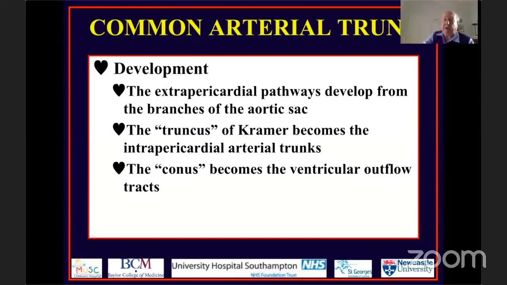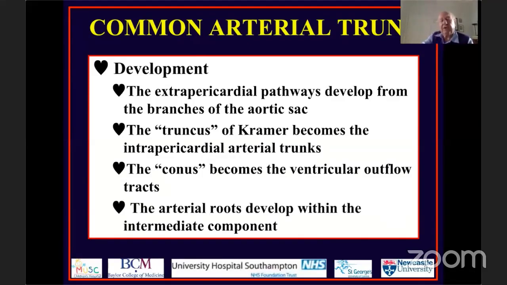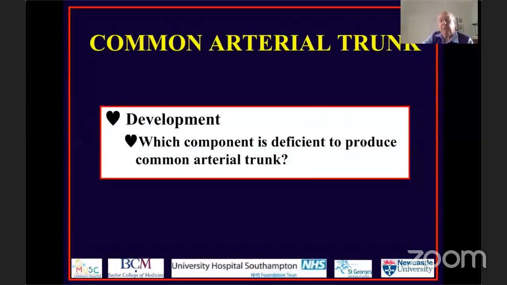And then the conus, the proximal part, becomes the ventricular outflow tract. And what I've shown you now, I hope, is that the arterial roots develop within the intermediate part of the outflow tract. And this is why it is so important to take this tripartite approach to development, because only then can we take note of what is happening to the arterial roots. Now, why is that important?